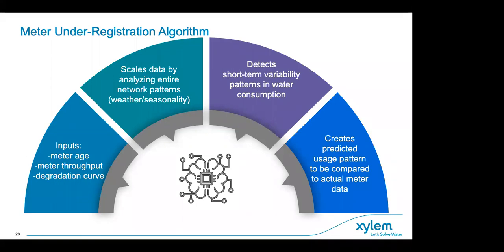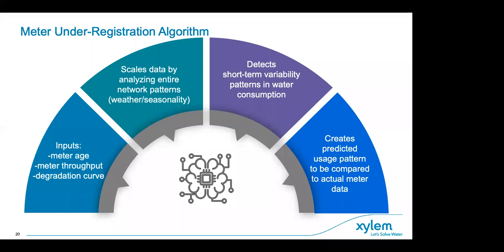Now, the threshold and the weightings will vary by meter size, by meter type. So it's not one rule fits all. It's very, very refined for the type of meter we're looking at. So if we say that meter is having an issue, suspecting that there is an inaccuracy associated with that meter, the next step we'll do is we'll look at what's happening in the whole network. So that's the scaled data by analyzing entire network patterns.